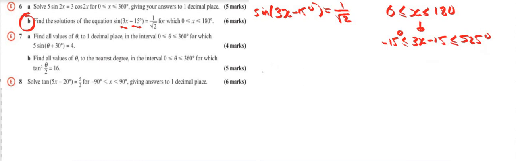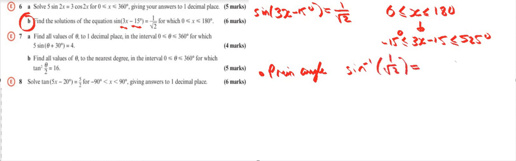So the first thing I'm going to do is find my principal angle. I take arc sine of 1 over root 2, and that tells me that angle is 45 degrees. Now remember, we're looking for all the solutions up to 525 degrees.